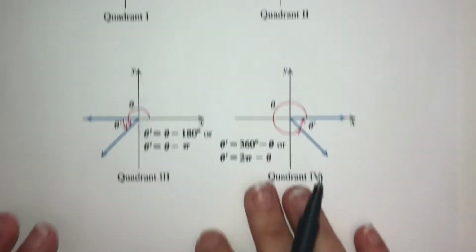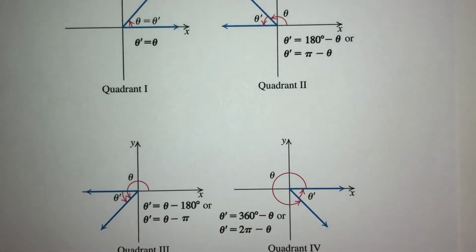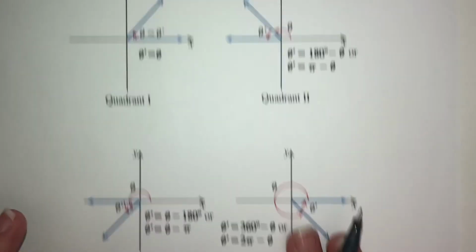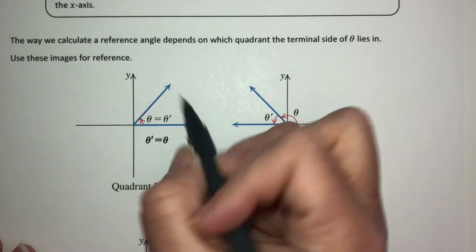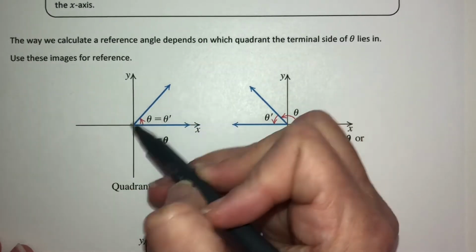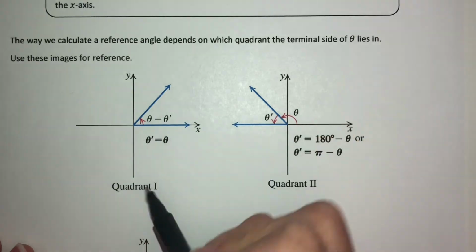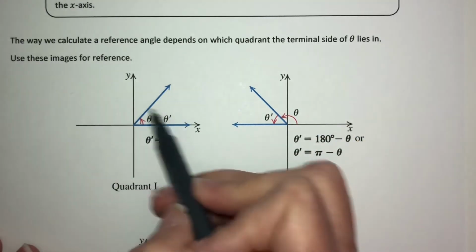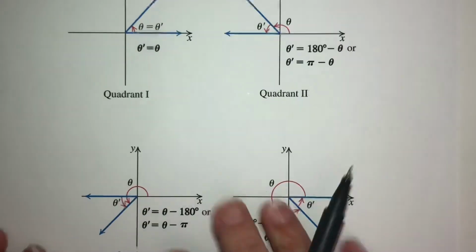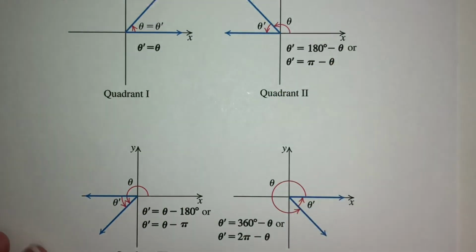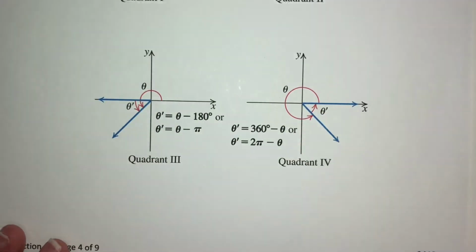One thing to think about here is your reference angle is always going to be the acute angle that it makes with the x-axis, wherever that is. So here, with our terminal ray in quadrant 1, our reference angle is this acute one. And then here, the acute one, and so on. Okay?